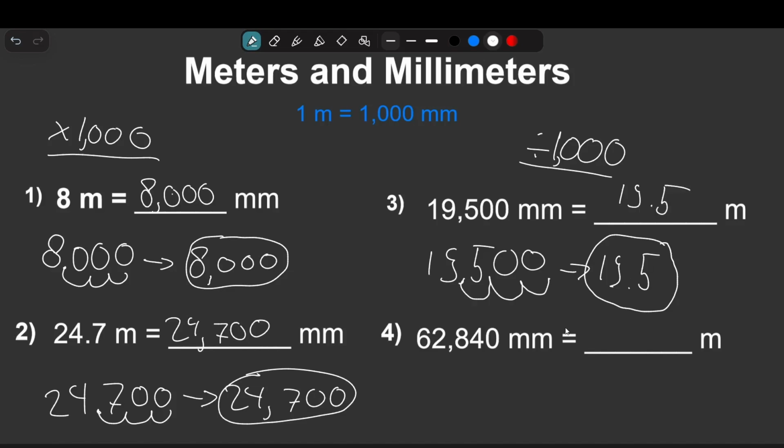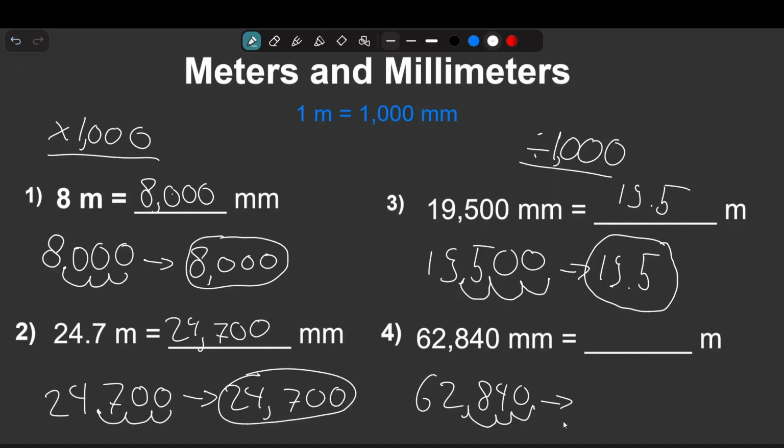Now let's go to our final example: 62,840 millimeters equals how many meters? Again, we're going to divide by 1000. Let's write this down here, 62,840, and we move our decimal to the left 3 times: 1, 2, and 3.